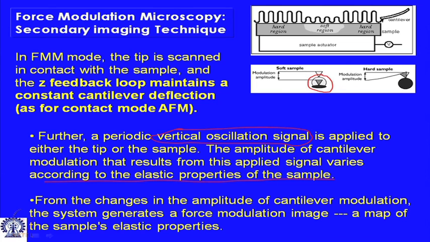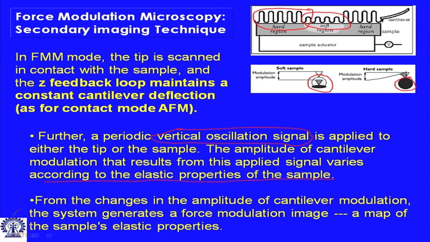This modulation frequency, this additional oscillation you have given, will allow the tip to penetrate or deform these softer regions. In contrast, if it encounters a hard or stiff region, it will not be able to deform it, and therefore there will be a difference in the output signal of this additional oscillation over a hard and a soft region.